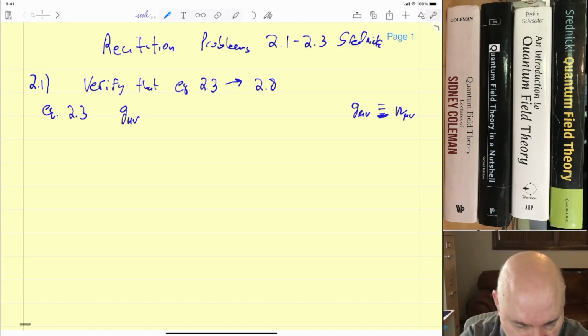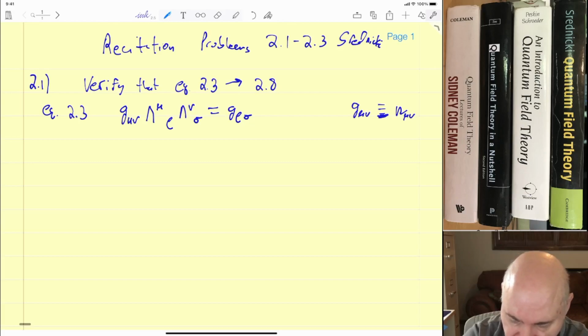So the equation that we have is g mu nu lambda mu rho lambda nu sigma, where the lambdas are Lorentz transformations, equals g rho sigma. That's our starting equation.